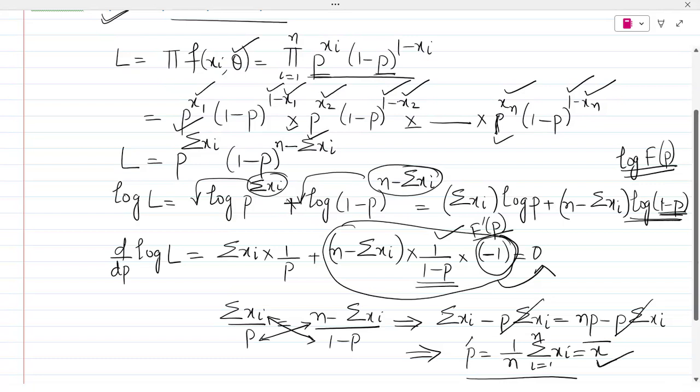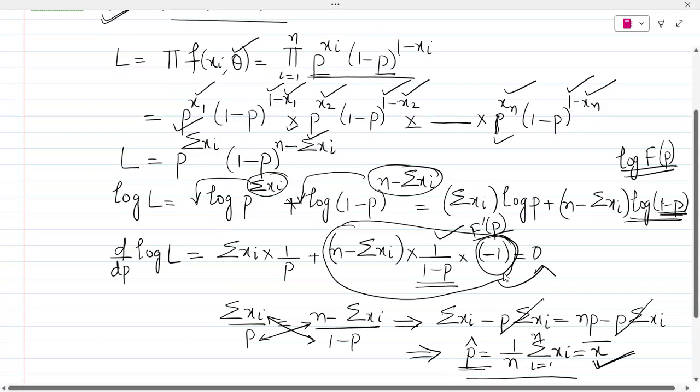The sample mean is the estimated value of p, the probability of success, which maximizes L or log L. Hence, it is the MLE.